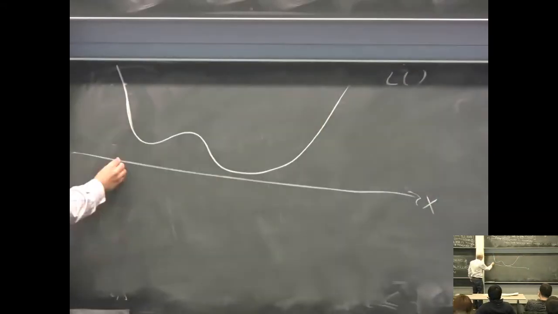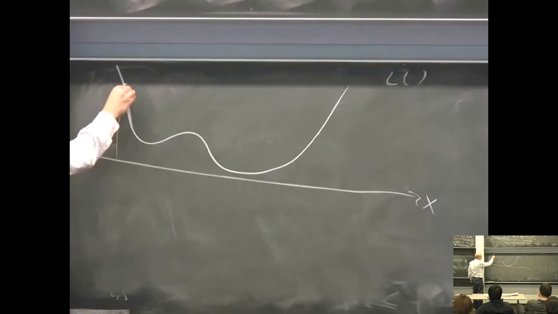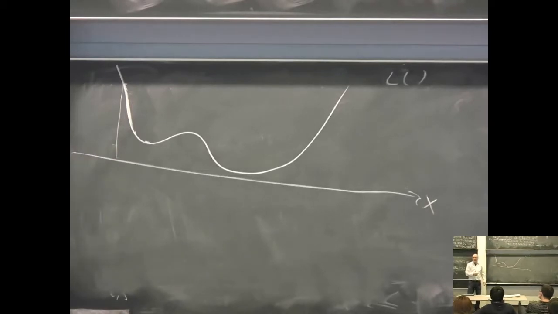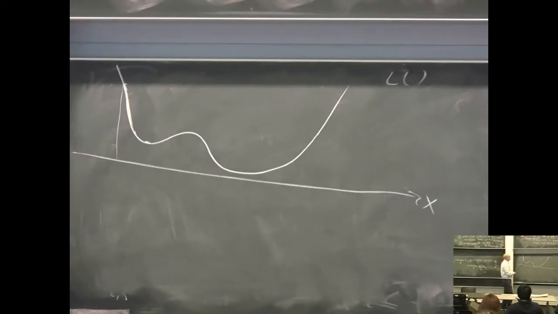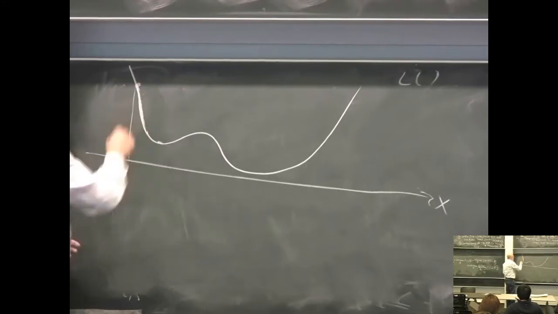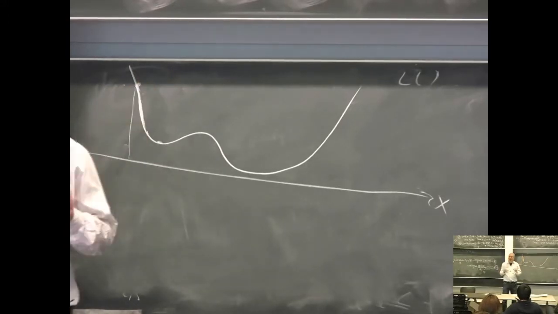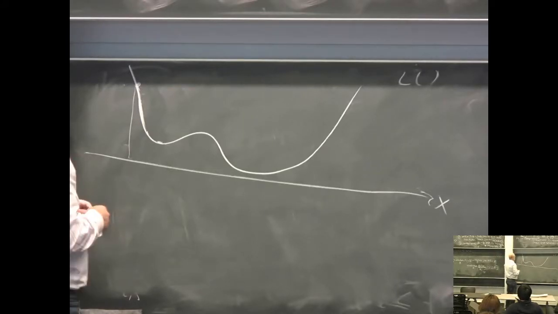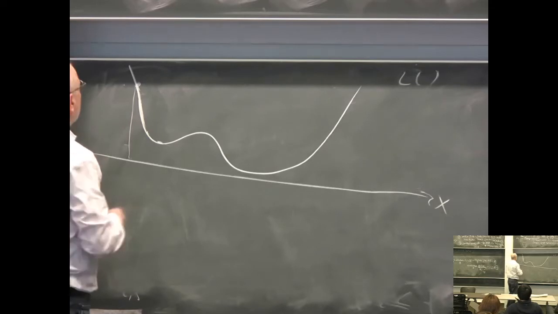If you started here, gradient descent will calculate the gradient and will take you down here, and if you take small enough steps, you'll end up here, which is not the lowest point. EM, I mean, there's a lot of work on visualizing and explaining EM.